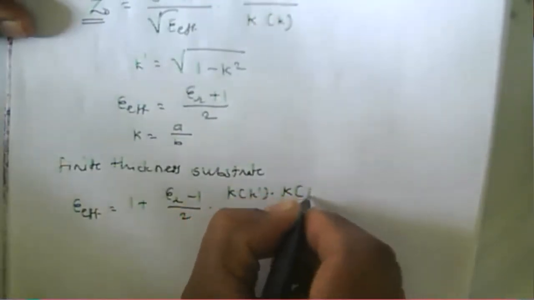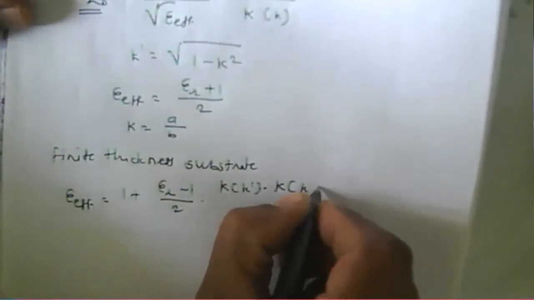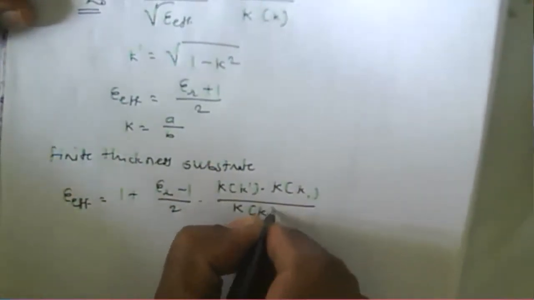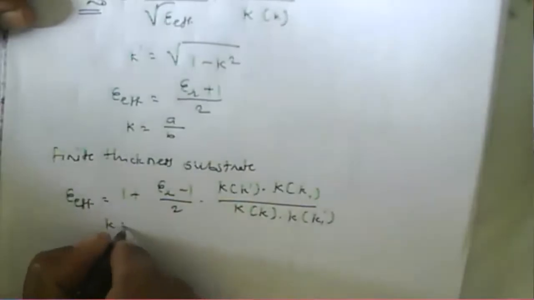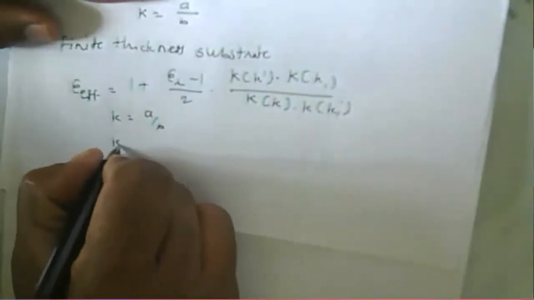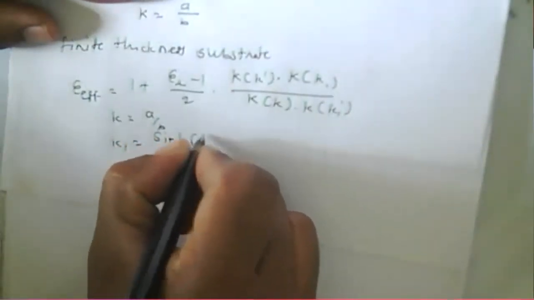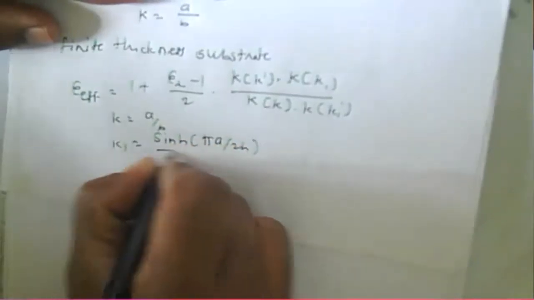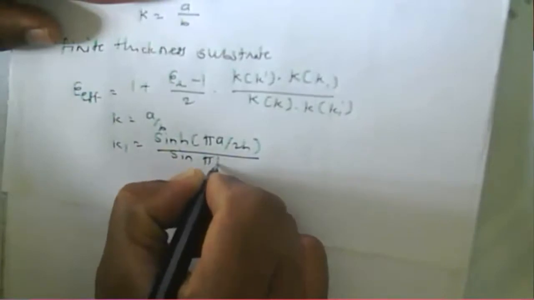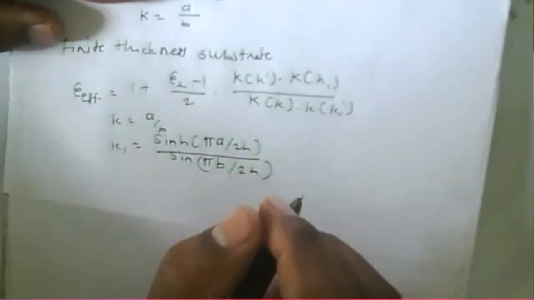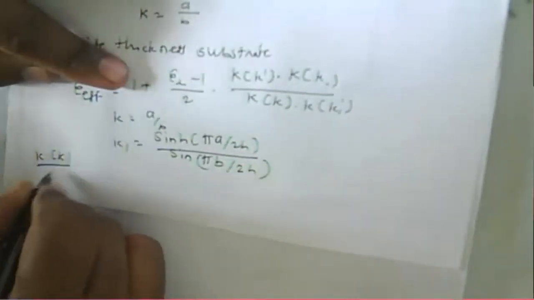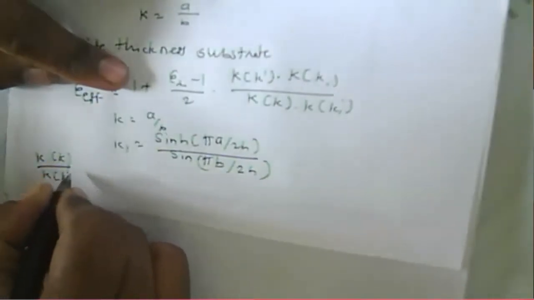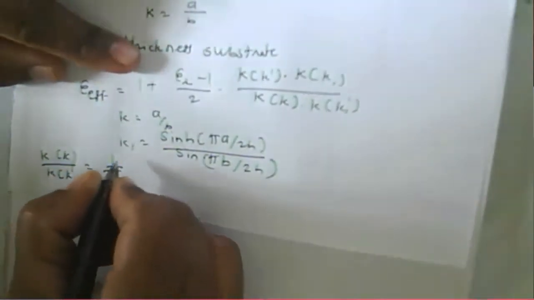Only the case is that our epsilon effective will be 1 plus (epsilon r minus 1) by 2, into K of k dash into K of k1, divided by K of k into K of k1 dash. Now k will be a by b. k1 is equal to sinh of (pi a by 2h) divided by sinh of (pi b by 2h).